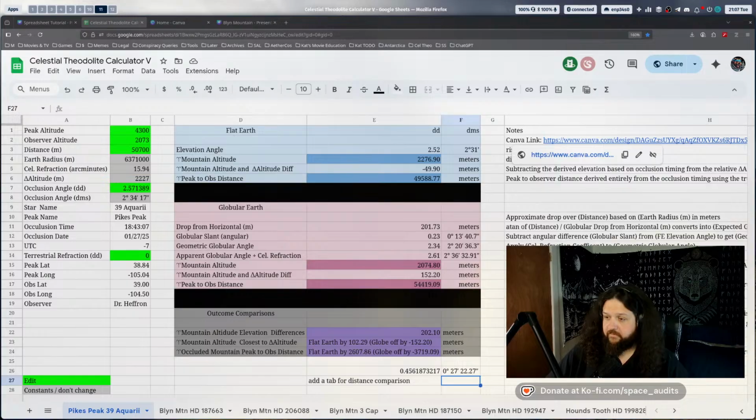The profound observation that I think you made is one we should confront them with a lot. Basically the only thing we need to know is the peak, what star it was, and what time the peak occluded it. We don't need anything else to look up the elevation of the star in Stellarium.